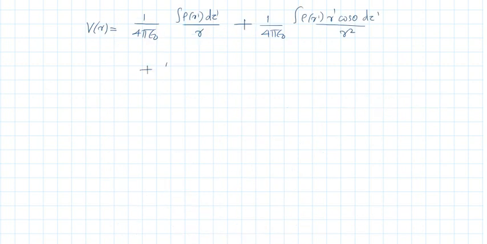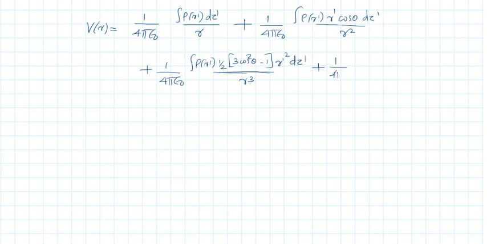The third term will be 1 by 4 pi epsilon 0 integral rho of r prime into half 3 cos squared theta minus 1, r prime squared d tau prime divided by r cubed, plus fourth term will be 1 by 4 pi epsilon 0 integral rho of r prime, 1 by 2 into 5 cos cubed theta minus 3 cos theta, into r prime cubed d tau prime divided by r raised to 4.